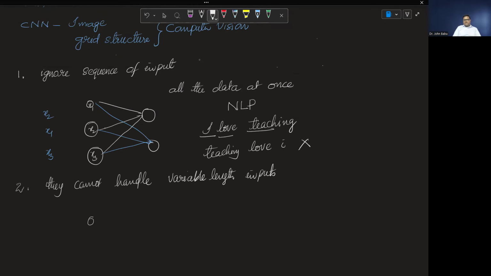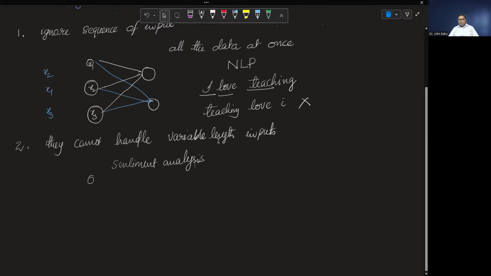But in real-time scenarios, whenever we talk about NLP, suppose you are doing a problem of sentiment analysis. What is sentiment analysis? Sentiment analysis is a textual analysis where you review all the reviews of a product or a movie, then classify each as a positive review or a negative review.